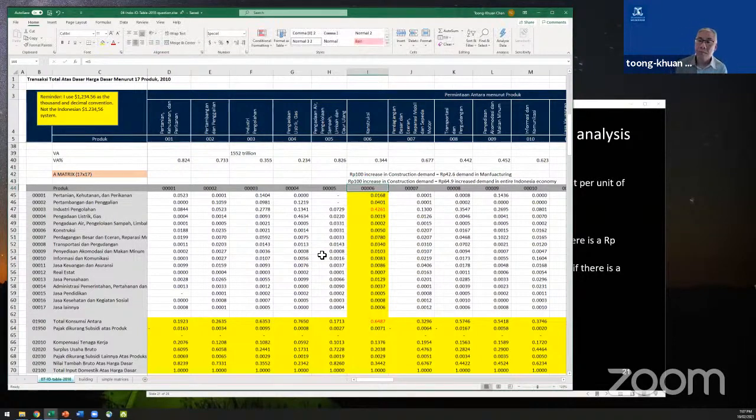Okay, so that's what we're trying to do with the input-output tables. 100 rupiah increase in construction increases demand by 42.6 in manufacturing, but it also increases all the other sectors by a small amount. And if you add that up, it is 64.87 rupiah, or 64.9. Now, if you look at this, this is quite high compared to all the other sectors. The only sector that is higher is pengadaan listrik and gas.